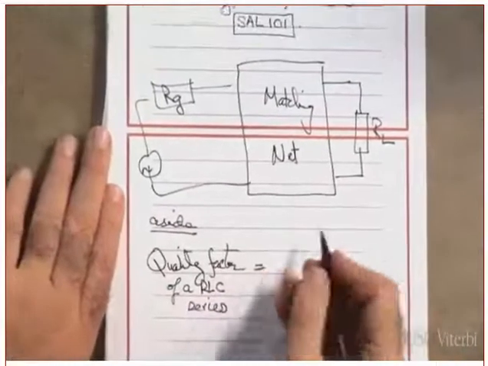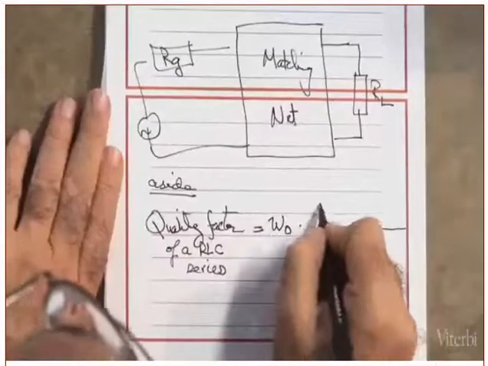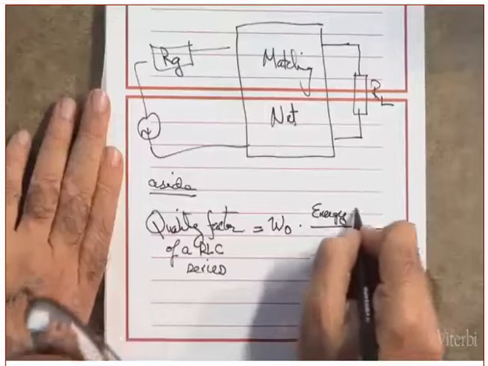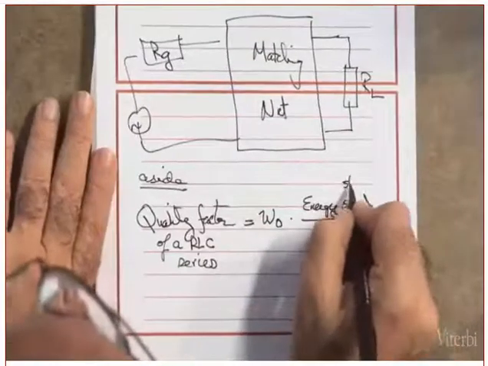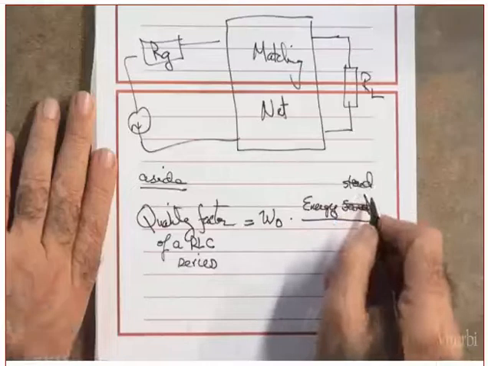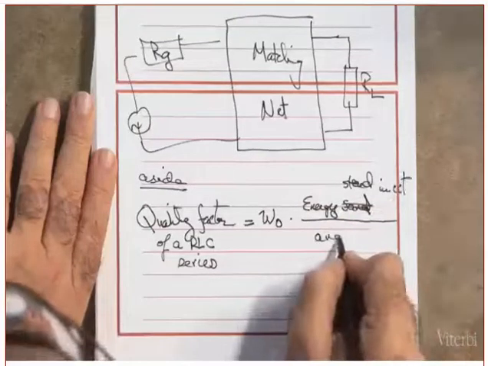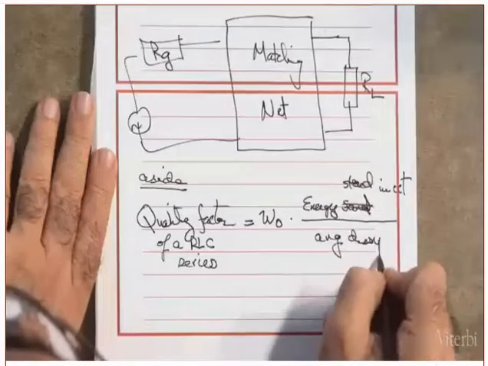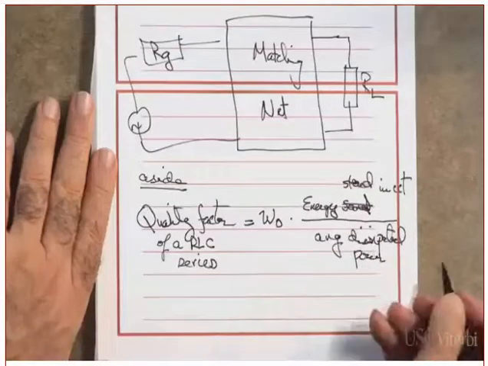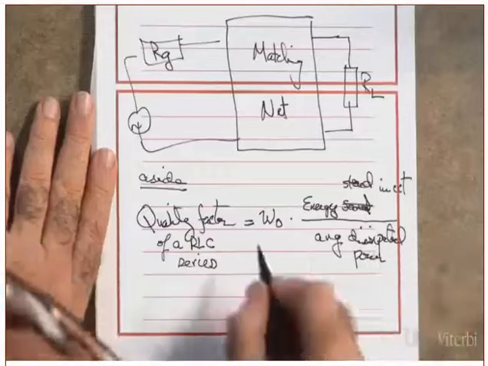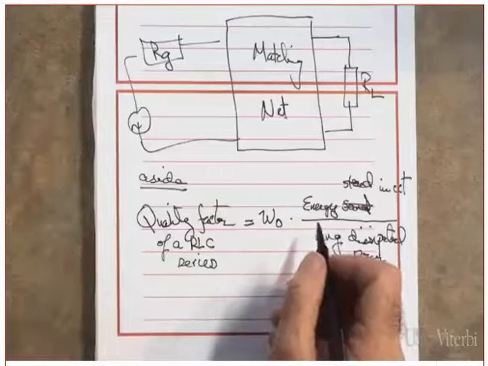Definition: it's omega naught times the energy stored in the circuit, divided by the average dissipated power. Of course, the dissipation of the power is through R. Average means you need to take the root mean square.